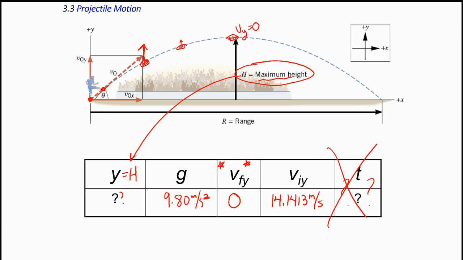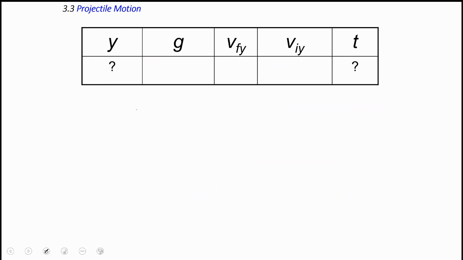So do I have any equations that have VIY, VFY, G, and Y in them? And you bet I do. I have this main equation that VFY squared equals VIY squared minus 2 times G times Y. Since I'm trying to find Y, I would rearrange this.